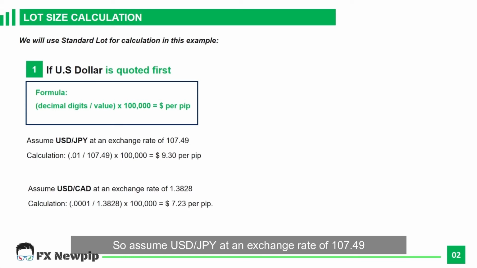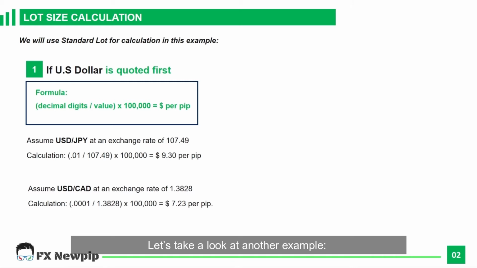So assume USD/JPY is at an exchange rate of 107.49. The calculation will be 0.01 divided by 107.49 and times 100,000, equivalent to $9.30 per pip. Why we take 0.01 is because USD/JPY comes with the last two decimal digits, and that is 0.49.